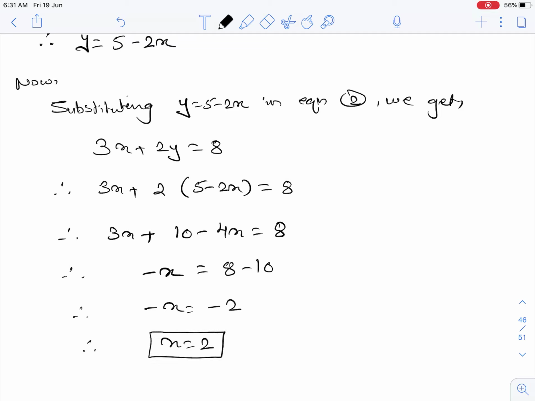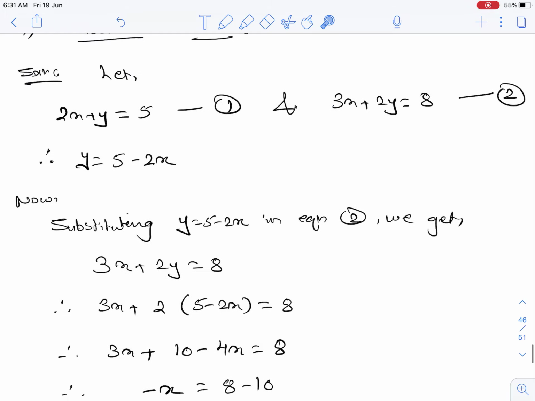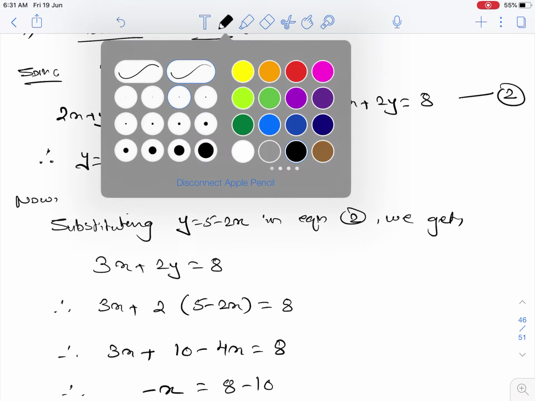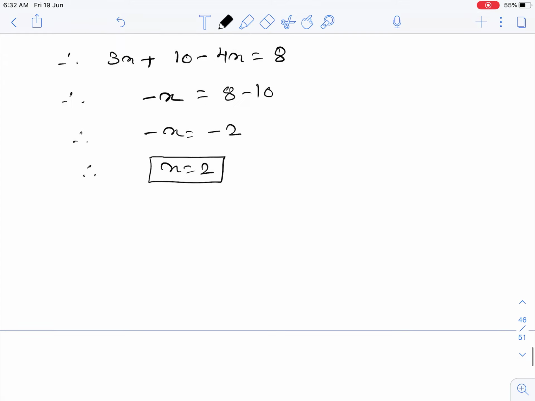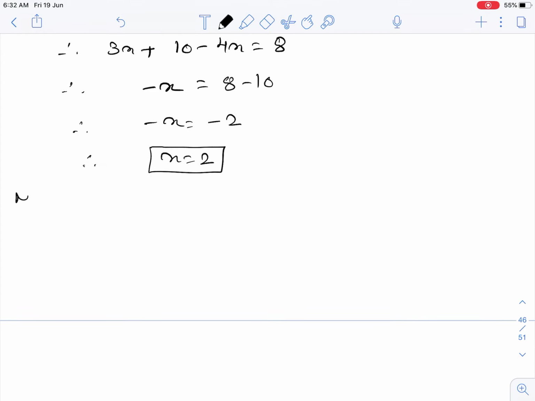Now this is the value of x. Now what we have to do is substitute this value of x in any of these equations. So I am going to put that one in equation number 3.